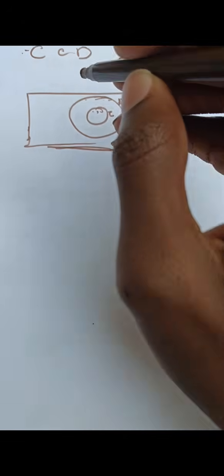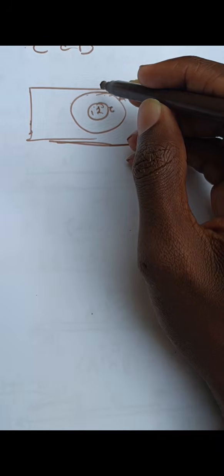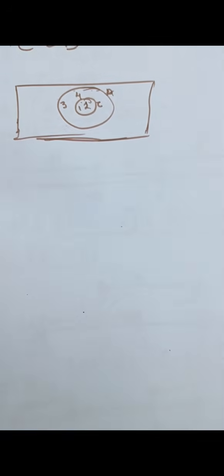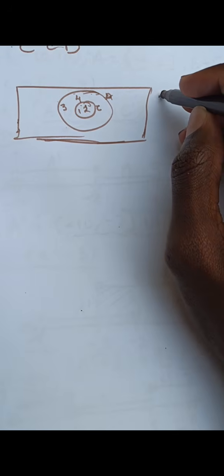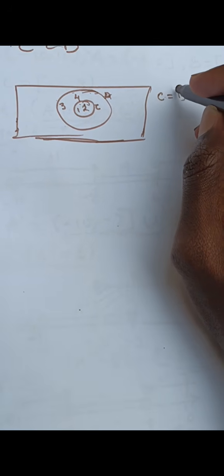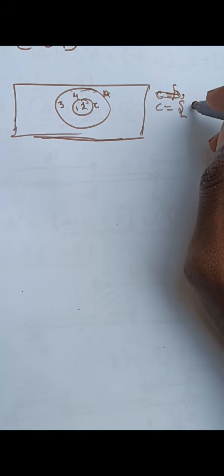Suppose, let's say C is having values like 1, 2. Okay, these 1, 2 are in C, right? And then D is having 3, 4. So we are in the situation where C is a subset of D, and these are the values available. If I were to ask you, what are the elements of C? You would present your work like this. You tell me that it is 1 and 2. And let's assume outside, we have a universal set.